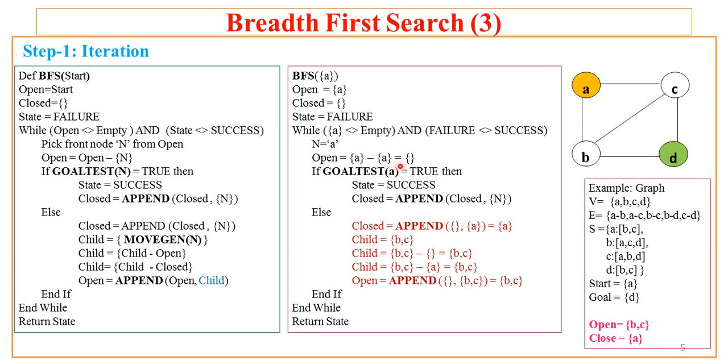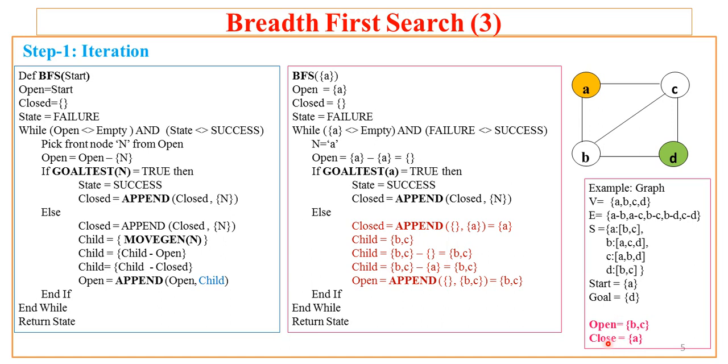Open is empty at this point, see here, and to this empty list B C is added at the end. So the final elements in the open are B C. So I have maintained the lists here. After this first iteration, this BFS will have B and C, two elements, in open, and A in closed, and with this it will iterate to the next step.